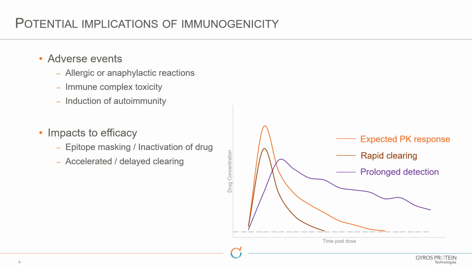And in some cases, the immune complex will continue to circulate, so the drug will actually remain in the body longer. So it can have a big impact on the drug. It's important to monitor it and to correlate the immune response with any clinical safety issues.